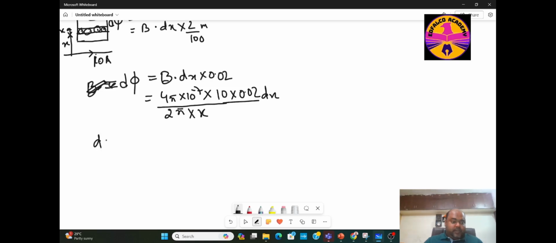So d phi is given as, pi cancels here, and 4 by 2 gives 2. So we are left with 2 into 10 into 0.02 into 10 to the power minus 7 on the top, and dx upon x, right?